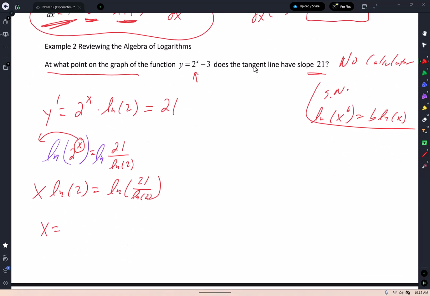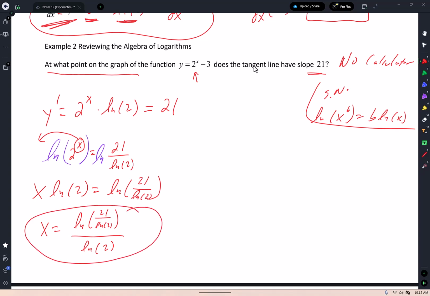X equals ln of 21 over ln of 2, all over ln of 2. Nothing combines. There it is. That's your x coordinate. I guess if you wanted your y coordinate, you can plug that in there to get your y, but we're going to leave it as is.